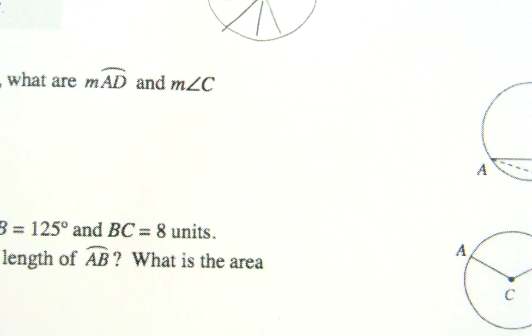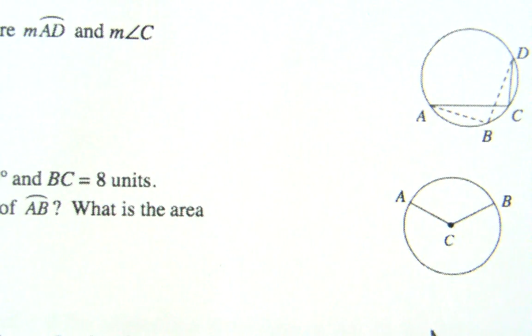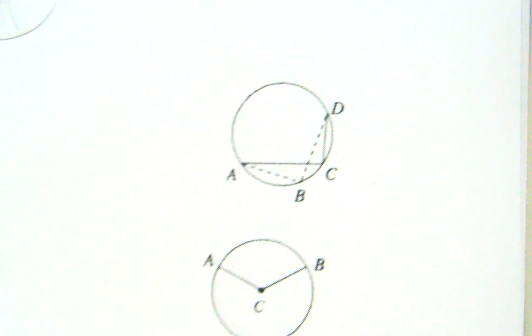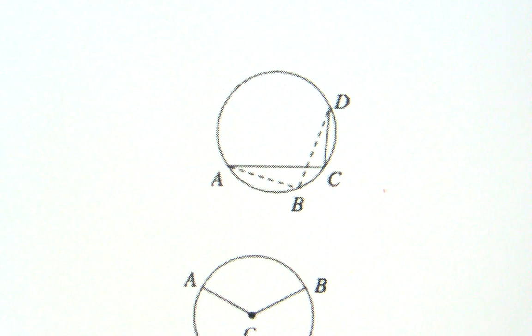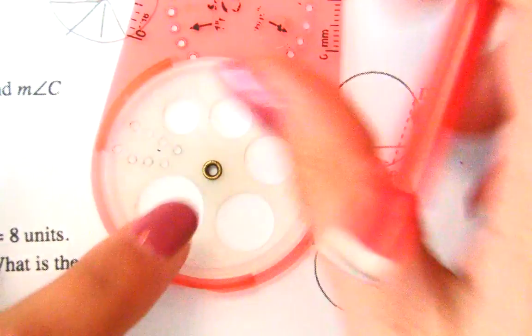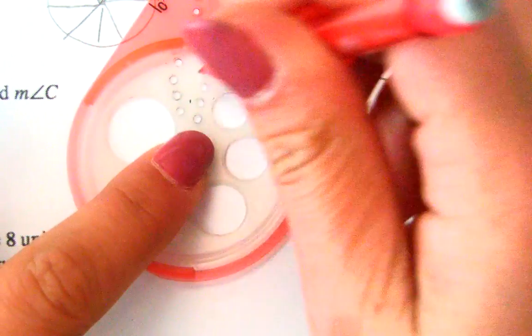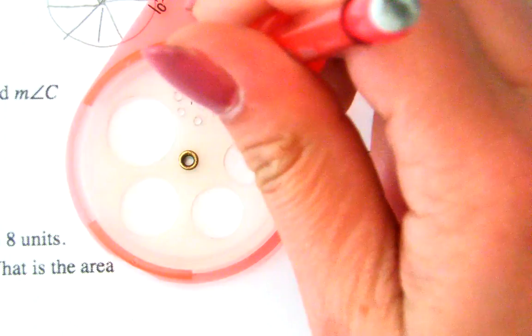In the diagram at the right, find the measure of AD and the measure of angle C. What are those two if the measure of angle B is 97 degrees? I feel like I need to make this circle bigger, so I'll do that.